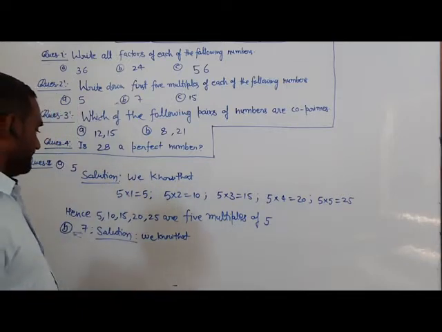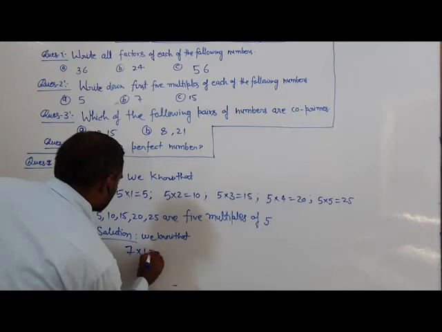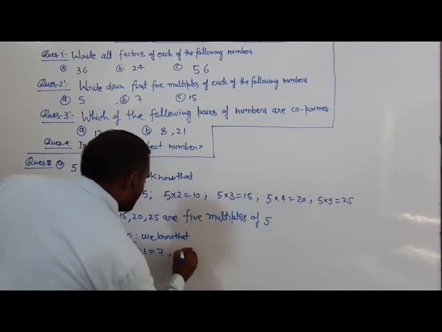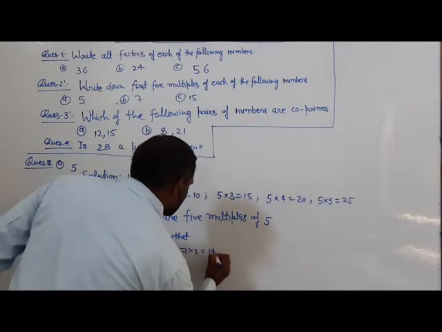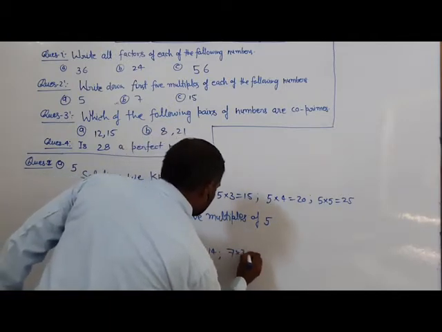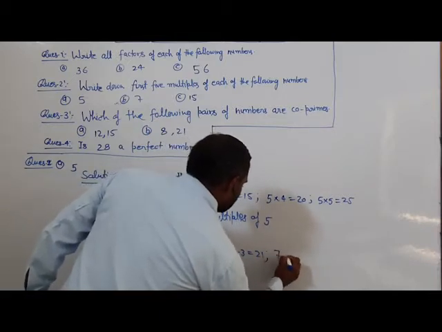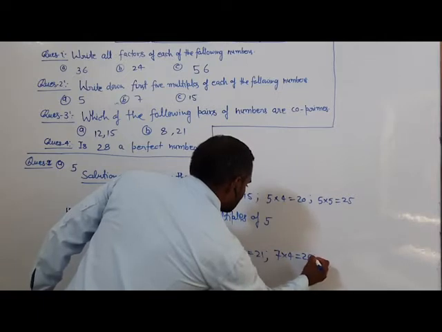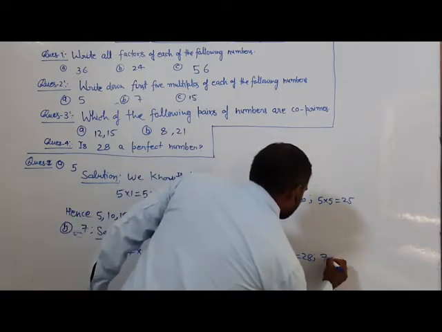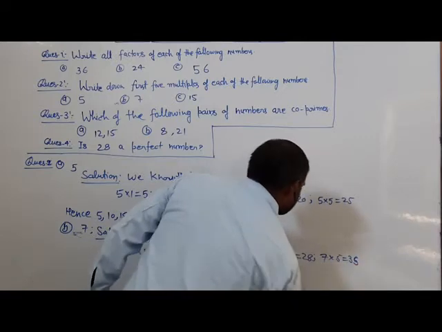We know that 7 into 1 is equal to 7. 7 into 2 is equal to 14. 7 into 3 is equal to 21. 7 into 4 is equal to 28. 7 into 5 is equal to 35.